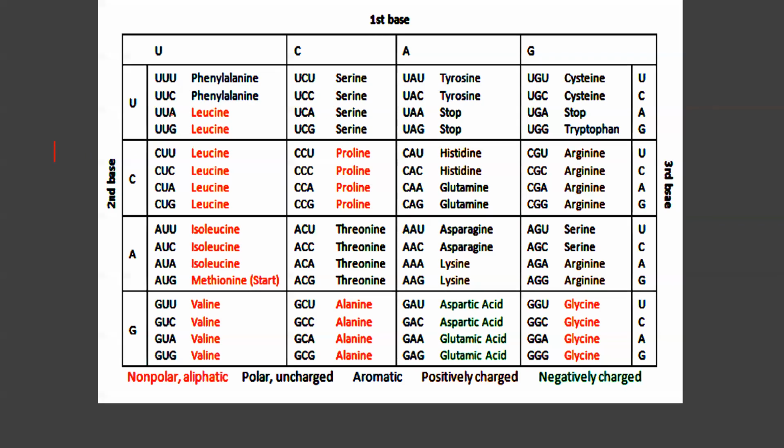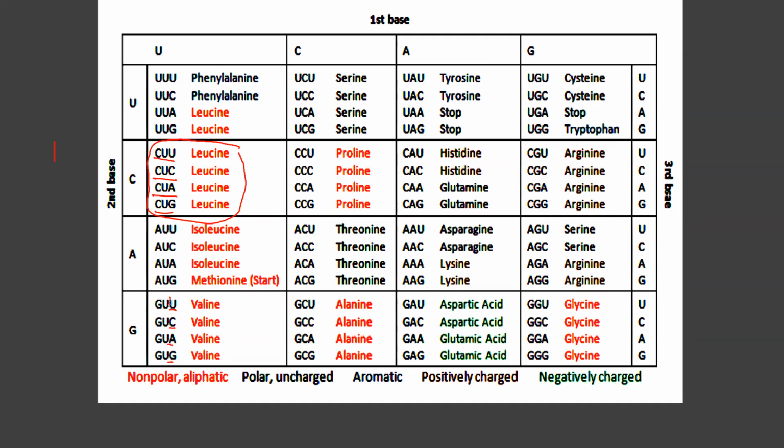And if we look, for example, at leucine, so we're looking right here. Leucine, you get leucine from CUU, CUC, CUA, CUG, right? So if you changed the last base here to any of the other ones here, you still get leucine. So that mutation doesn't matter. It's a silent mutation because you still end up getting the same thing. Same thing over here with valine, GUU, GUC, GUA, GUG.